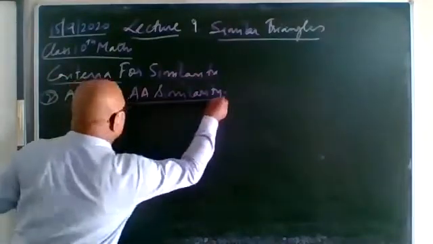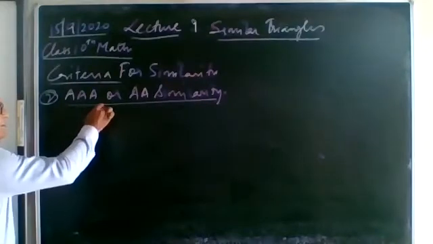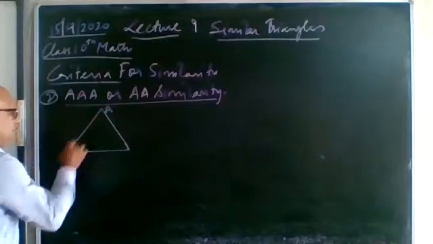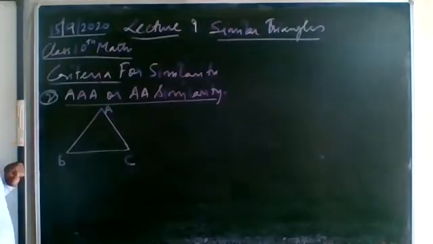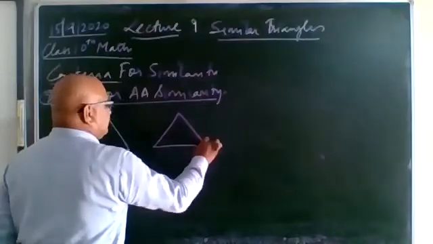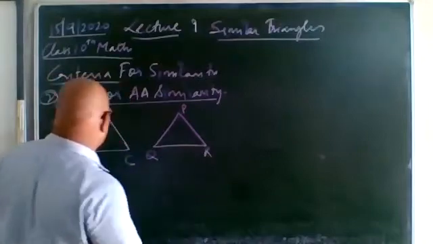Now, in this, two triangles will be given to you. Triangle ABC and another triangle PQR.